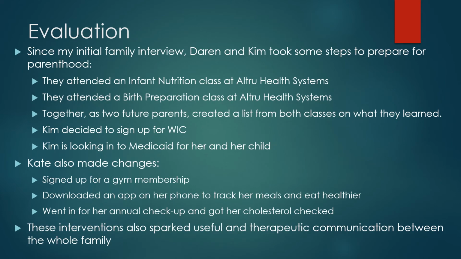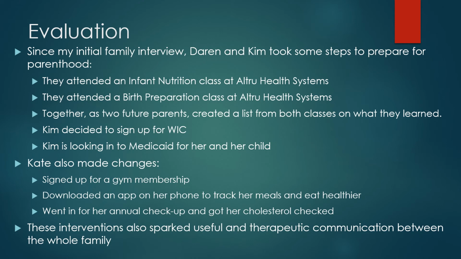Since my initial family interview, Darren and Kim took a lot of steps to prepare for parenthood. They attended an infant nutrition class, as I said, and then a birth preparation class. We discussed the list. Kim did decide to sign up for WIC, and she's looking into Medicaid as well. Kate also made some changes.